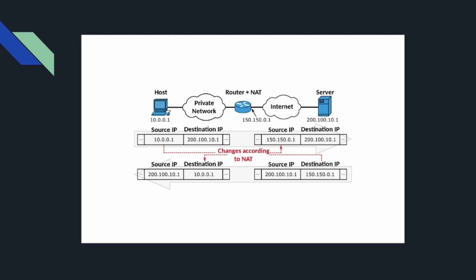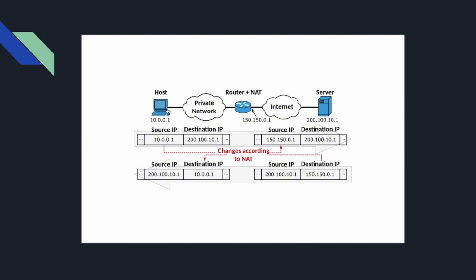So we have a host device, a NAT device, which is a router in the middle, and on the right we have a server. So how NAT works basically: the private device, in this case the host device, which is located in a private network, sends a packet with its private IP address to the NAT. The NAT device then replaces the private IP address with its public IP address in the packet's header.